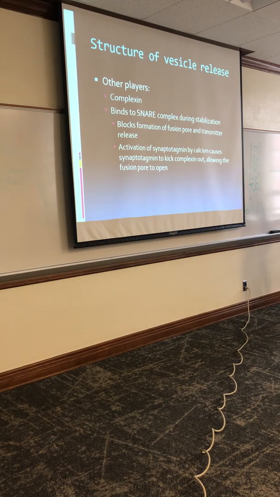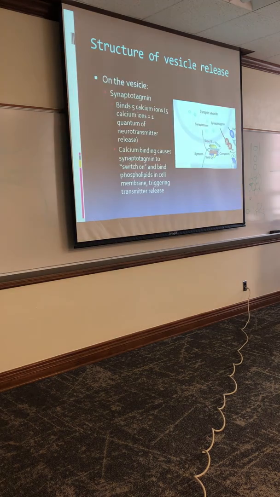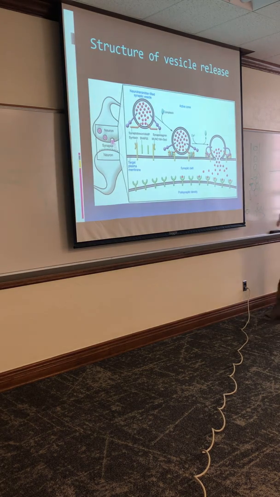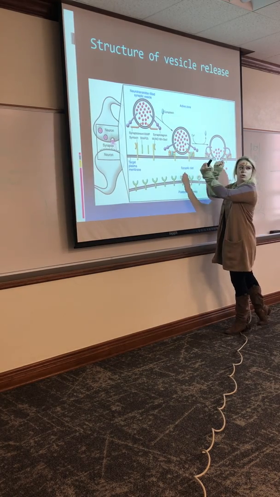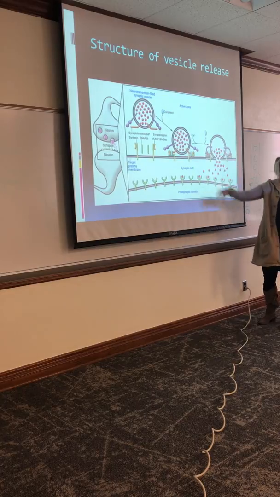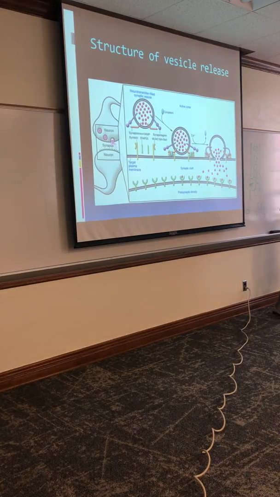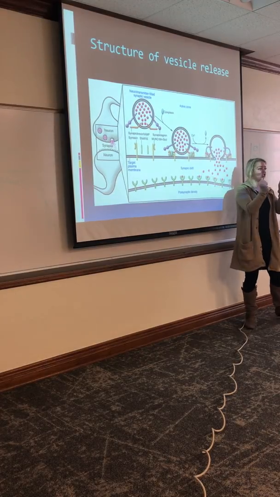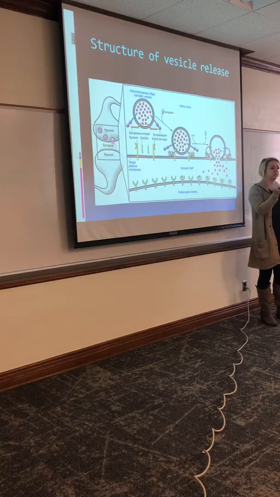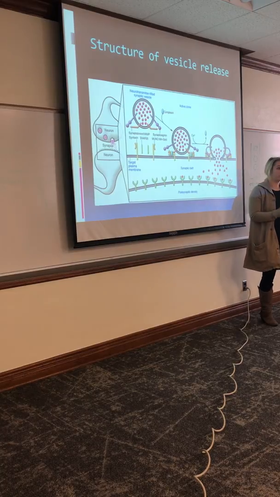And so what you need to happen, we're going to go back a few slides here, what you need is tension put on these different complexes to pull the vesicle open to get that neurotransmitter release. And when complexin is attached, it's stabilized in a position that doesn't give the tension necessary to pull that vesicle open.